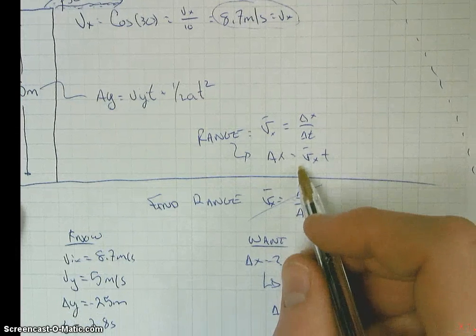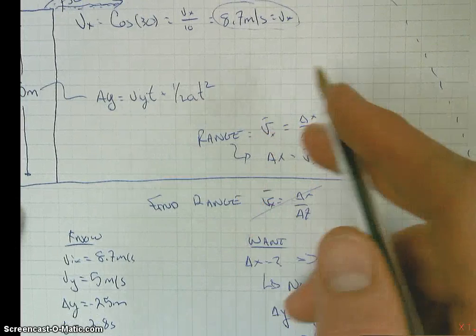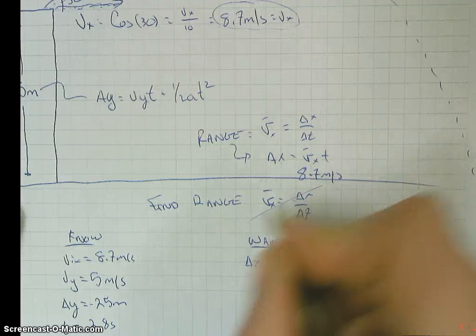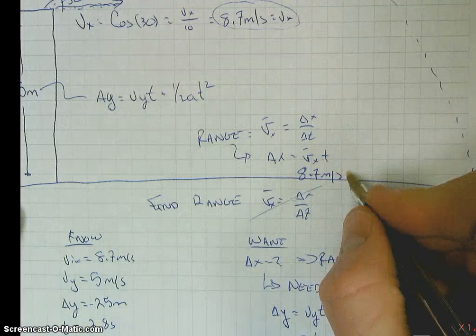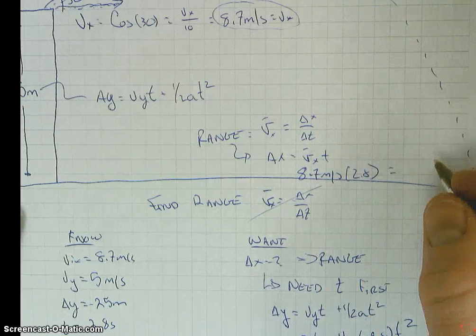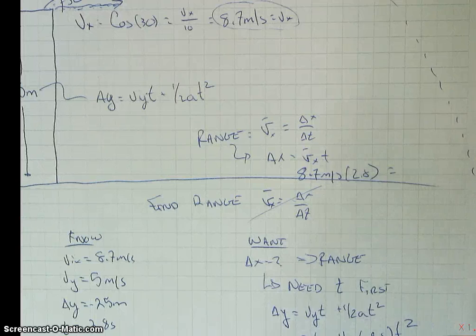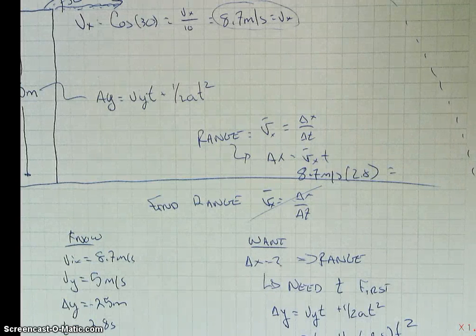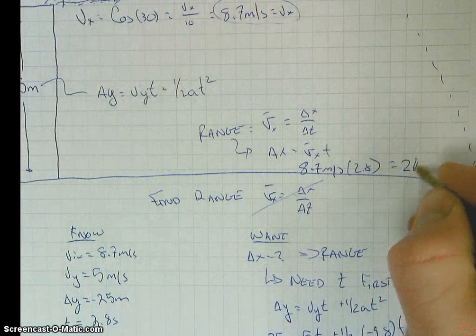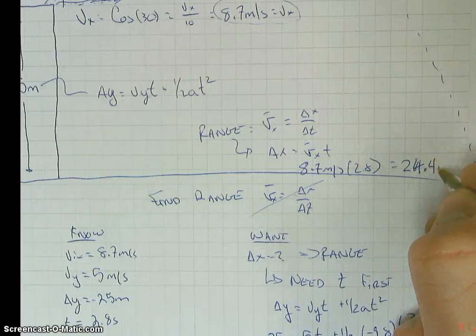The velocity in the x we solved for before to be 8.7 times our time, which we solved for down here to be 2.8, and that ends up being 24.4 meters.